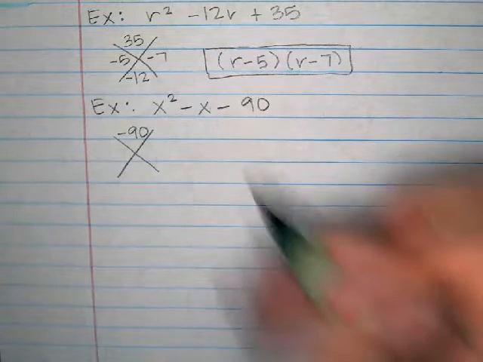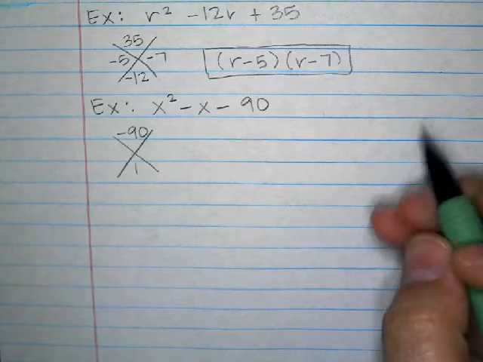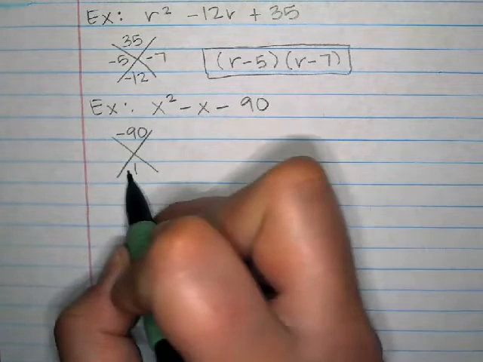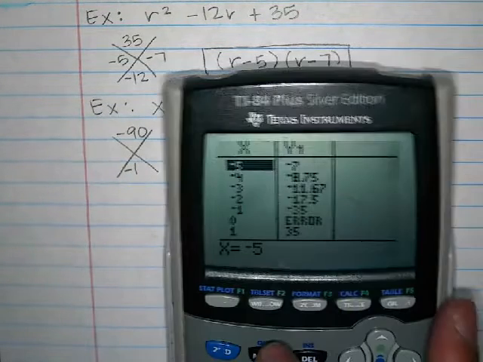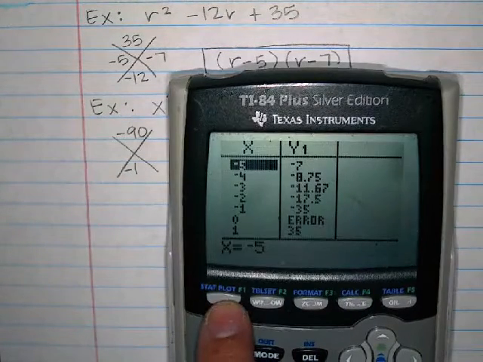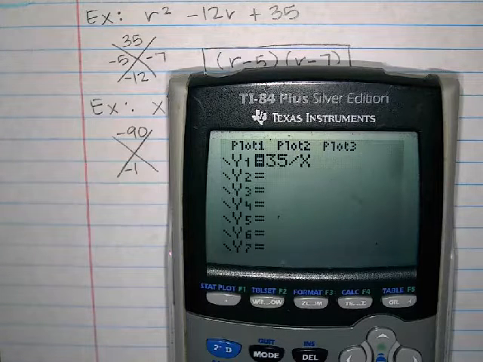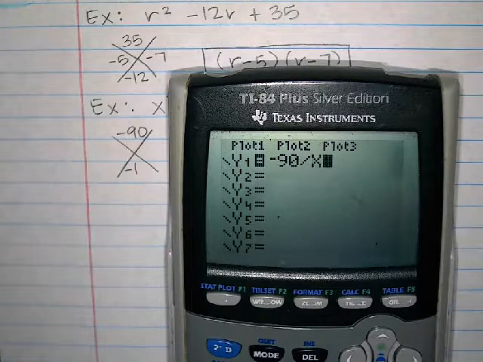So add to positive 1 or negative 1? Negative 1. Okay, so we're going to go back here, hit our y equals button, and say negative 90 divided by x. So we're looking for two numbers that multiply to negative 90, but add to negative 1.